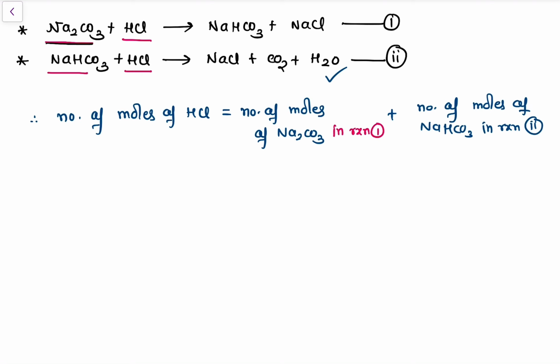And I am repeating again, the sodium bicarbonate which is coming in reaction 2 actually has two sources, one from reaction 1 and the one which is already present in the solution.